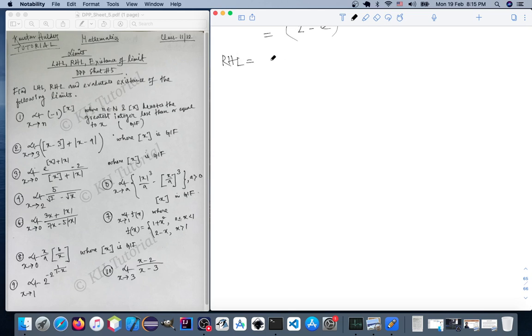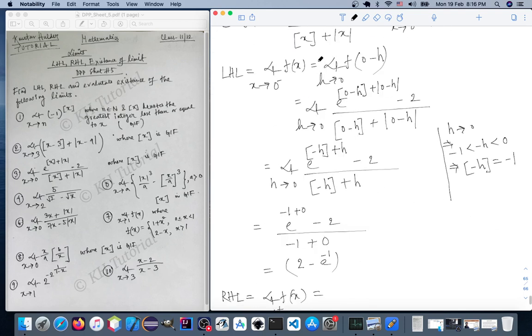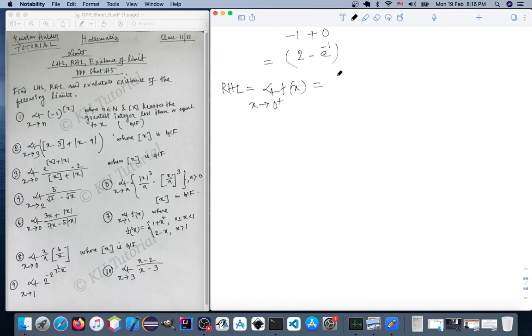Okay, let's see the RHL. The right hand limit is x tending to 0 plus f(x), which equals the limit h tending to 0 of f(0 plus h). This equals the limit h tending to 0 of (e to the power [0 plus h] + |0 plus h| - 2) divided by ([0 plus h] + |0 plus h|).